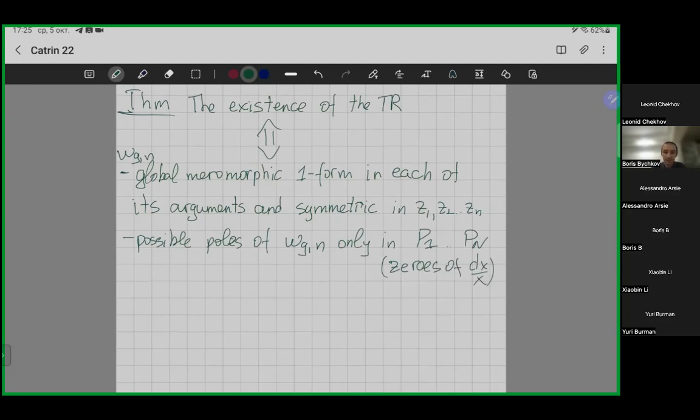This second condition is usually called the projection property.